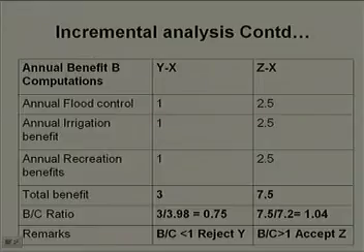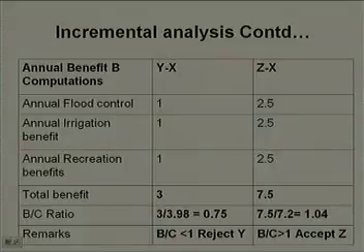Step 1 is to estimate the cost and benefit. The second step would be to calculate the B by C ratio. If you find that the B by C ratio is more than 1, you keep that alternative for further analysis. If it is less than 1, reject it there itself.